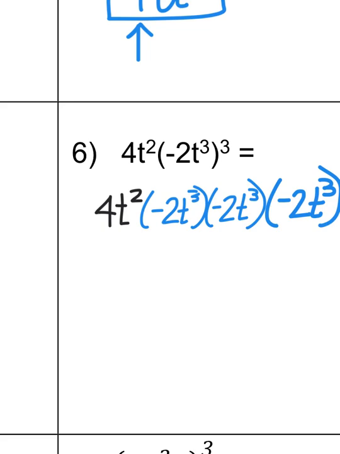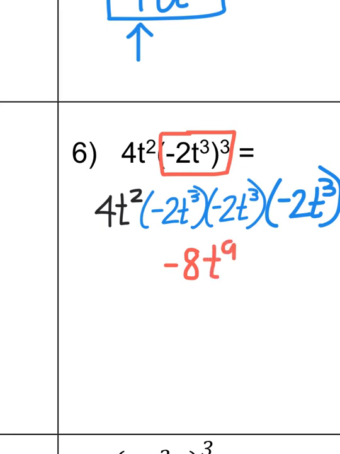On number 6, you can choose to stamp it out, or you can use your exponent rules. Let's assume that you used your exponent rules from the beginning and did this part, which is fine. If you did that, it would be -2 to the 3rd power. If you have an odd number of negatives, it will have a negative value.